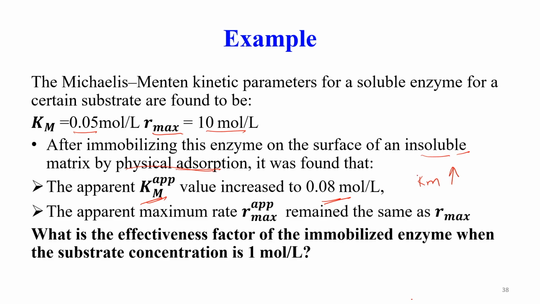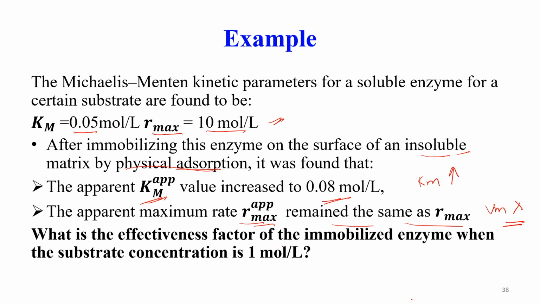It means the substrate specificity has decreased. The apparent maximum rate remained the same as R max. So, R max was 10 mole per liter, or you can say the V max was 10, there is no change in the V max.